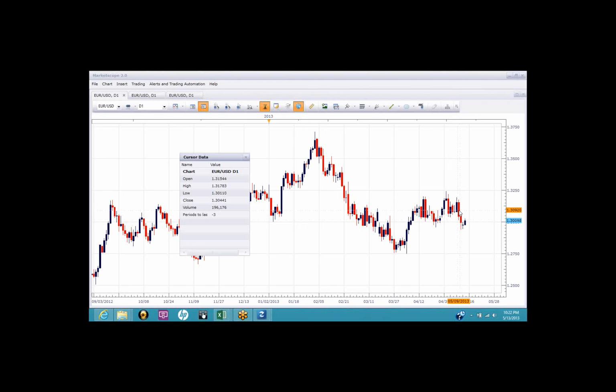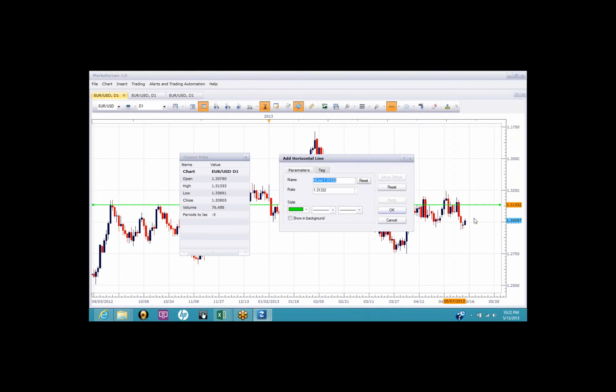Is the high of this bar higher than the previous bar? No. Is the high of this bar higher than the previous bar? Yes. Then you need to put your resistance line on the high of that one. So in other words, okay.